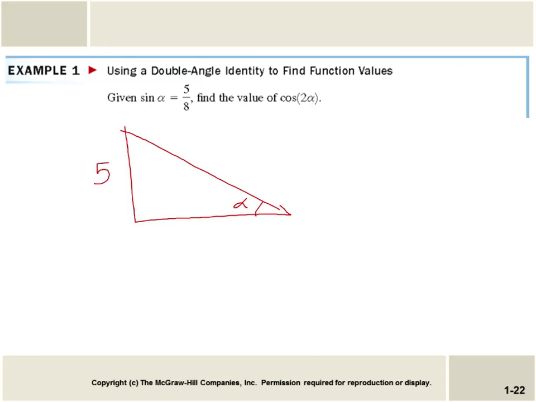Exactly. And now what would x be? How would I find x?